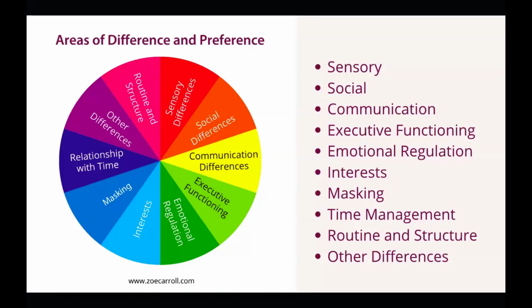You might have behaviors that are repetitive, that some people might describe as obsessive. Then you might have other differences that may not be considered typical. They may align with differences and preferences in the other areas, or they may be given a specific diagnosis, for example. Okay, so when it comes to diagnostic criteria, these differences and preferences are taken into account and measured.